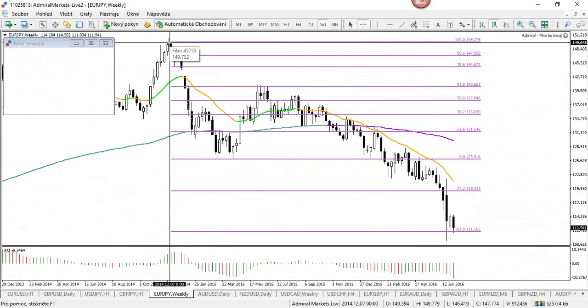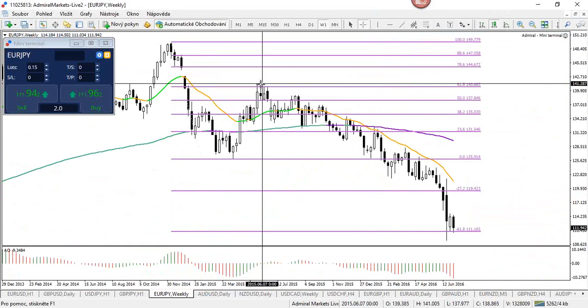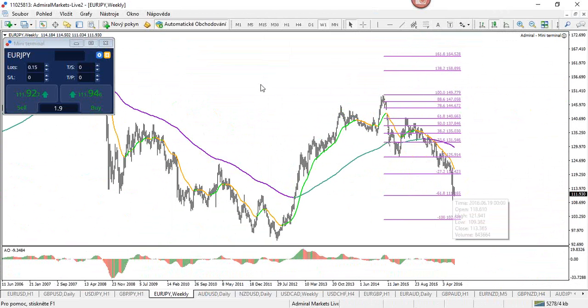So yeah, it already went quite far. 61.8 Fib, 61.8 target. If it breaks this target, then it could go down to the minus 1,000 target. Quite impressive how it fell all the way from 150 down to 111. The rise was impressive, but the fall is turning out to be equally so.